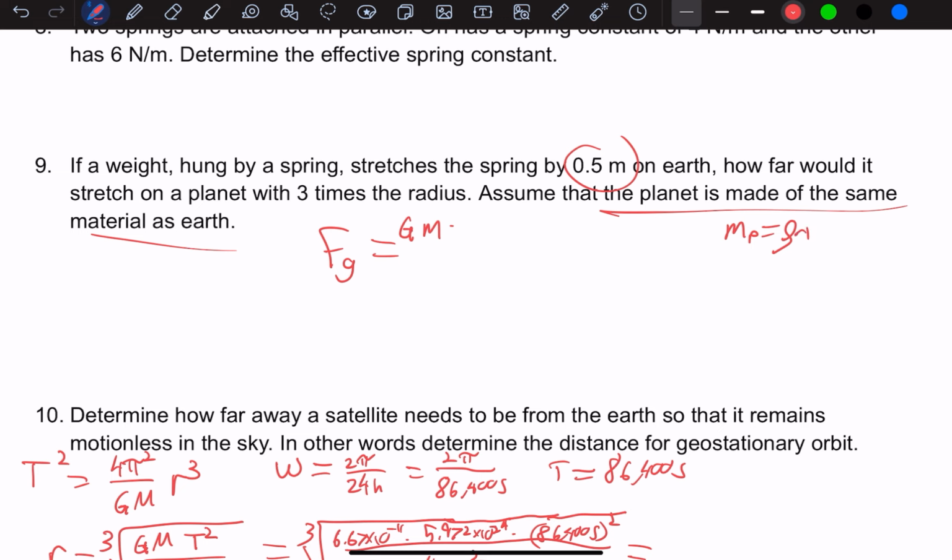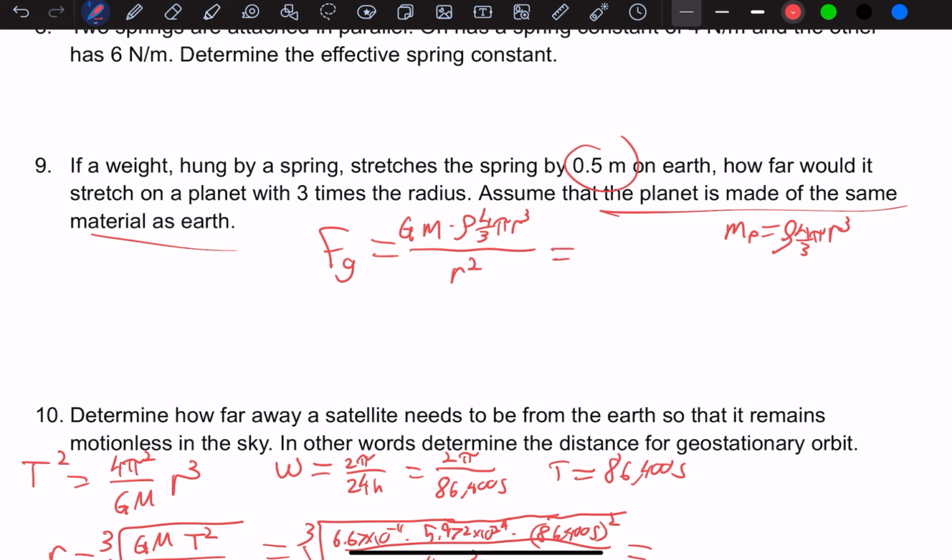And that volume is 4/3 pi r cubed, I believe. That's the volume of a sphere, so I'm modeling this as a sphere. So that's some density rho, not beta, times 4/3 pi r cubed all over r squared.